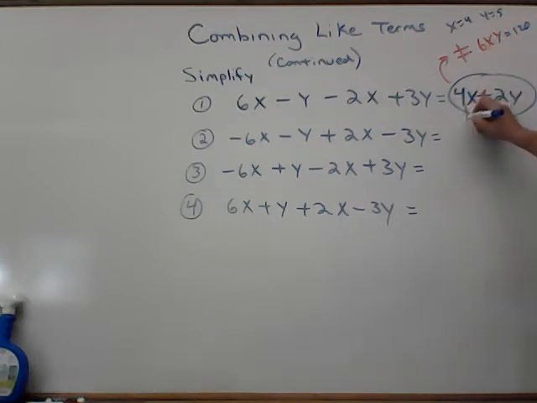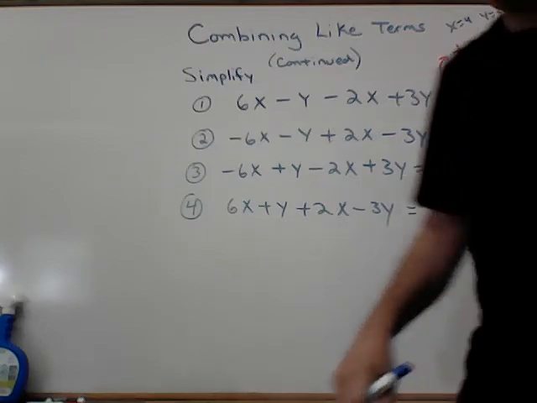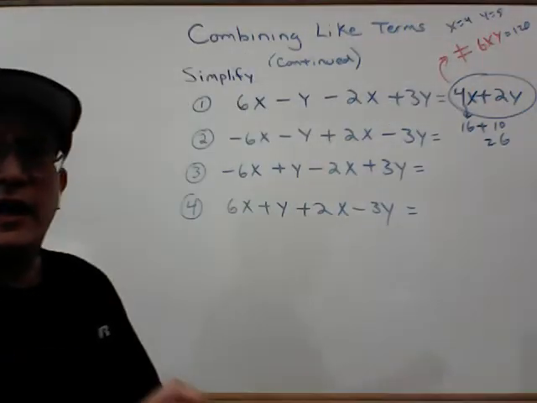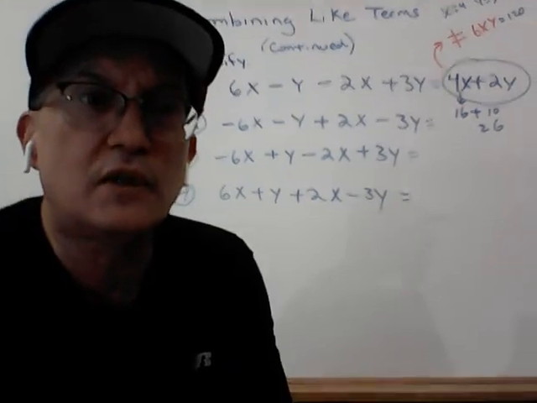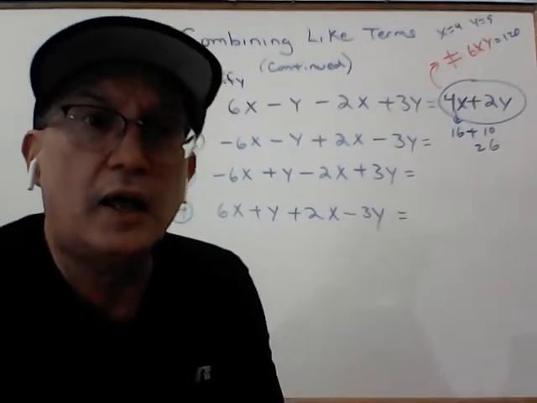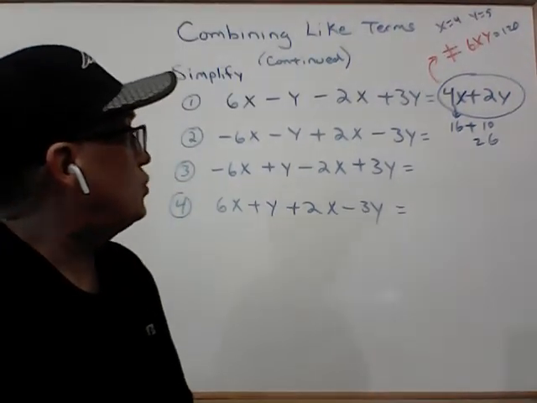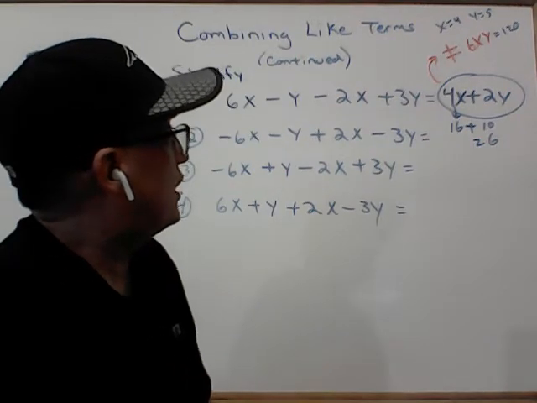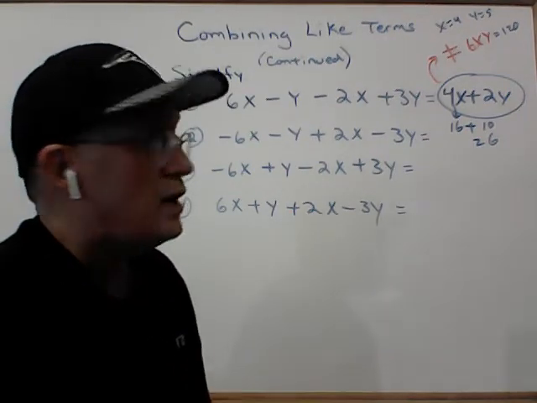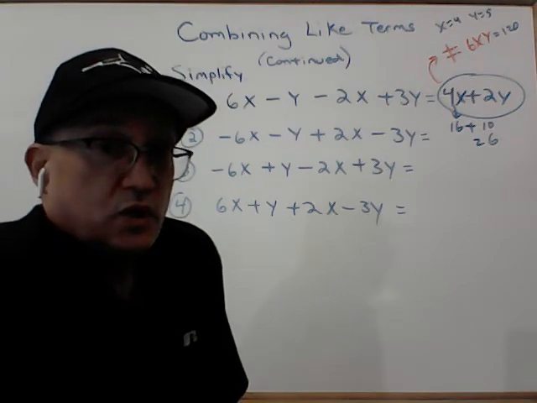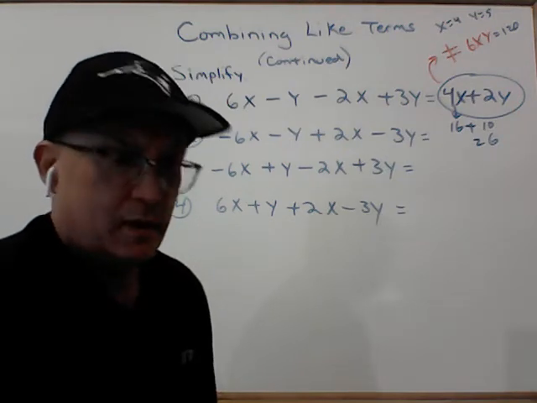Down here, if x were 4, this would be 16, 4 times 4 plus 2 times y is 5, 2 times 5 is 10, 26. They're not even close. So, in a similar way to the last time, just by choosing a value of x, we see that 4x plus 2y is not the same as 6xy when x is 4 and y is 5. And so just in general, they're not the same.